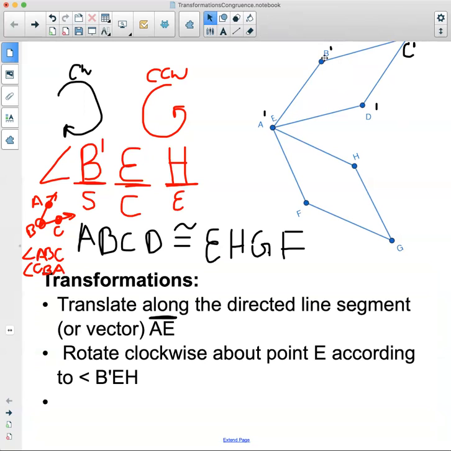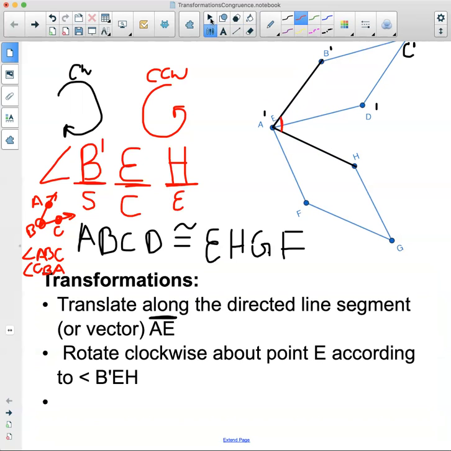Now when I do that, and by the way, this is the angle. Let's accentuate the angle here, BEH. As you can see, when I go about this angle, this is the angle I'm referring to right here.